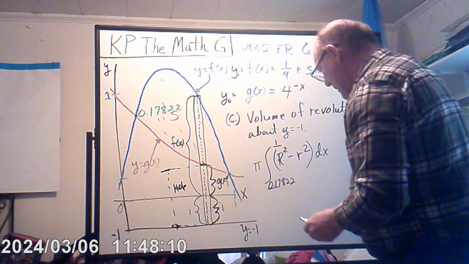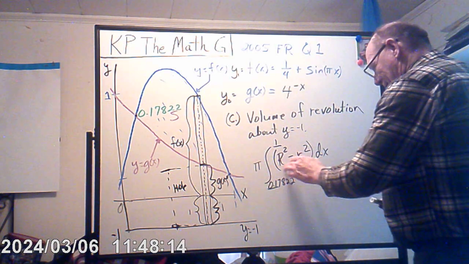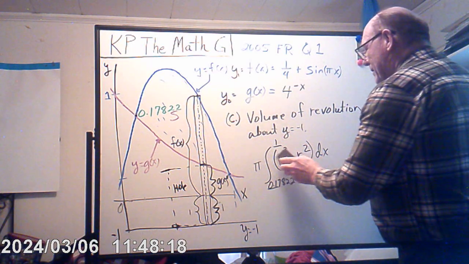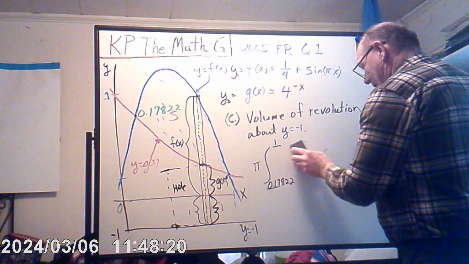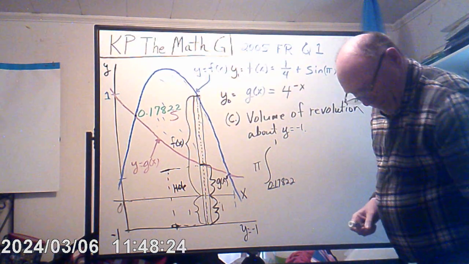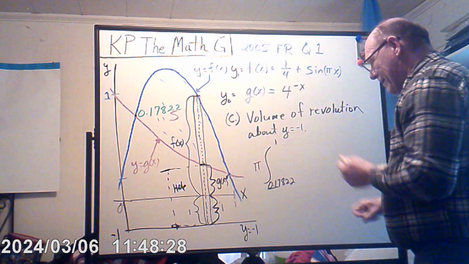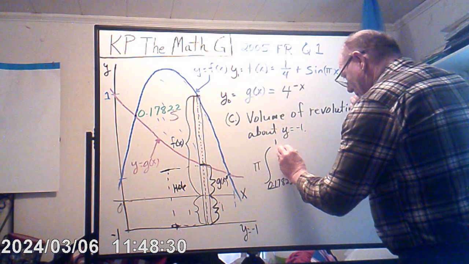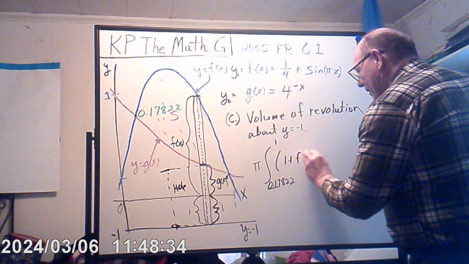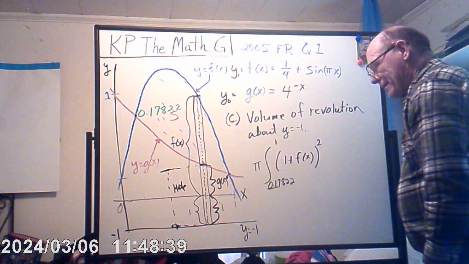Let's see how we can interpret this, big R and little r. I think we've already got this down. Let's stretch it out a little bit here, and we already know what the limits of integration are. That's good. Now what we want here is 1 plus f at x, and we're going to square that.